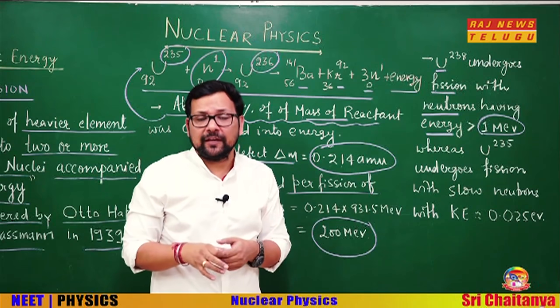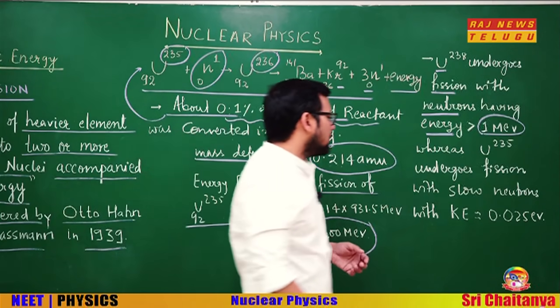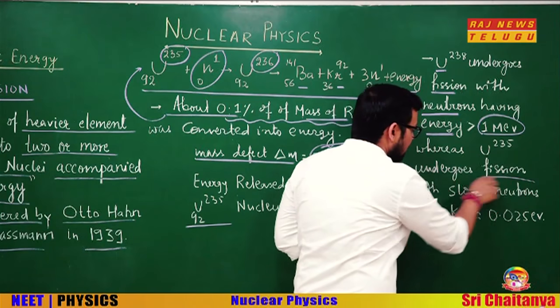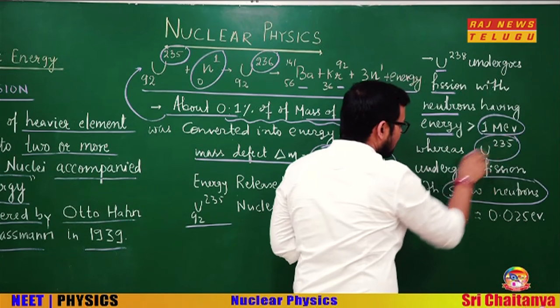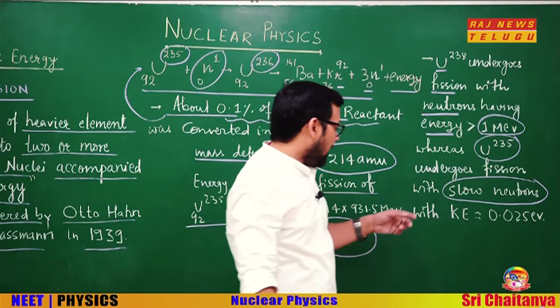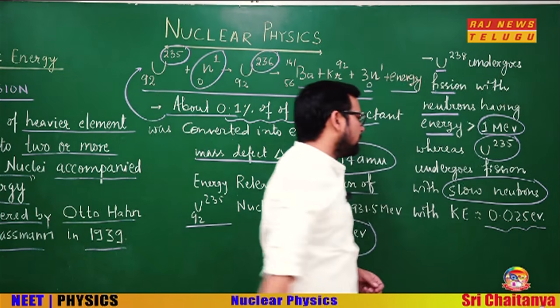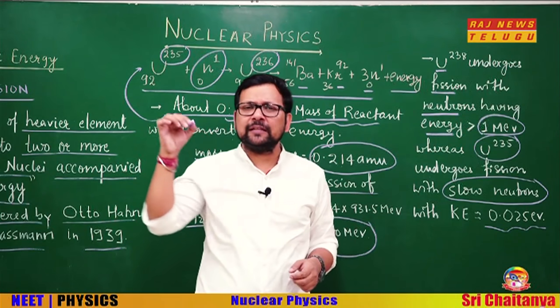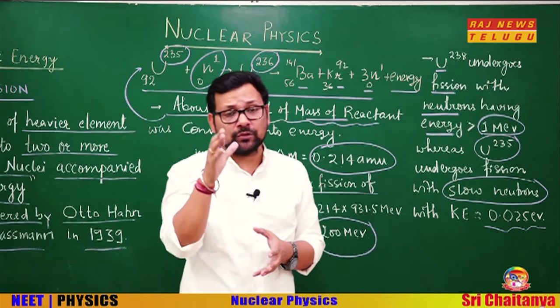Uranium-235 undergoes fission with thermal neutrons, or slow neutrons, with kinetic energy of 0.025 electron volts. So a very slow, very low-energy neutron can cause fission of U-235.